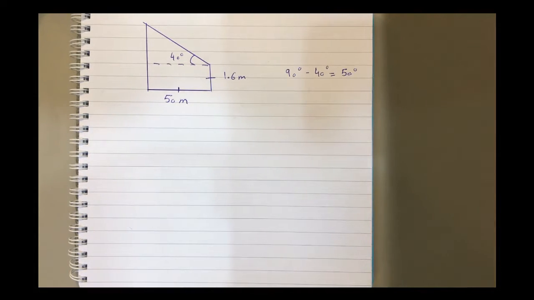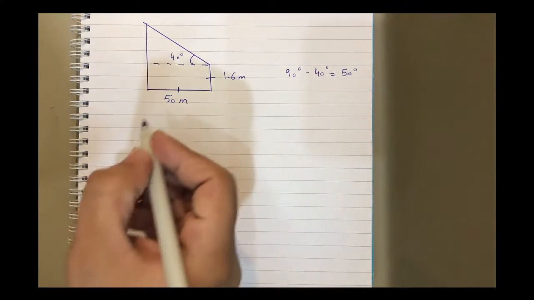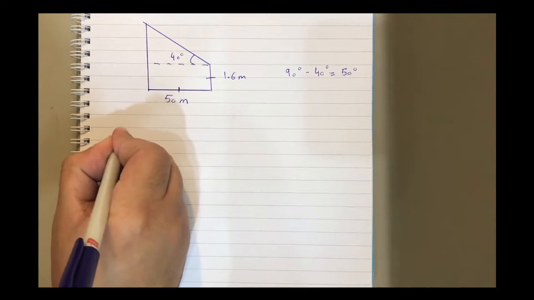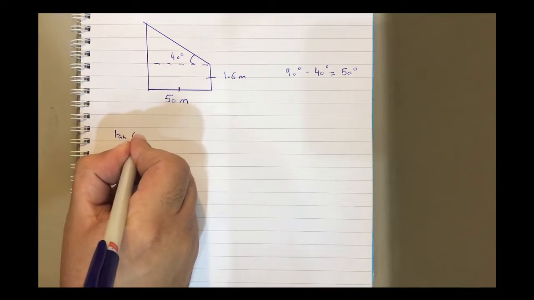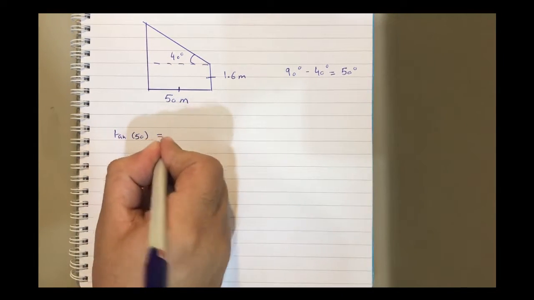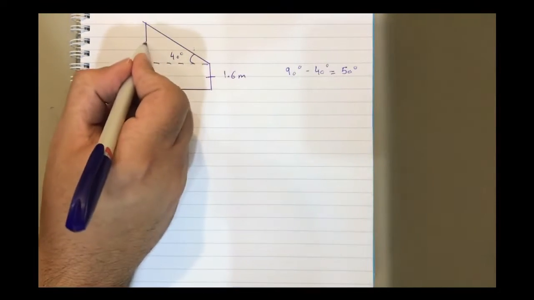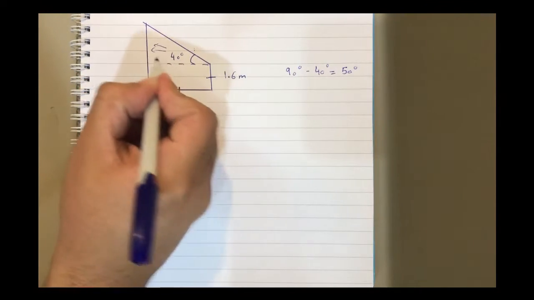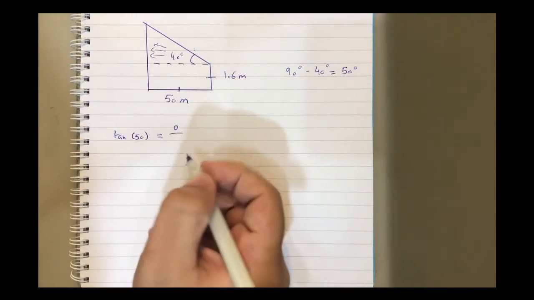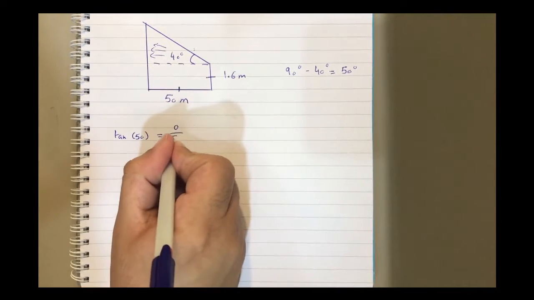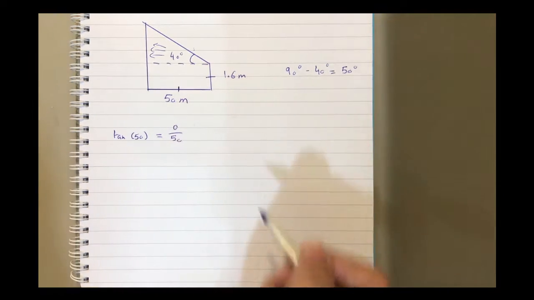Using the tan formula, tan of this angle, 50, is equivalent to the opposite over adjacent, and the distance is 50. So tan 50 degrees equals the opposite over 50, which is the adjacent.